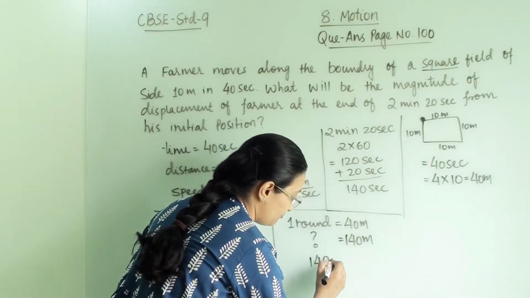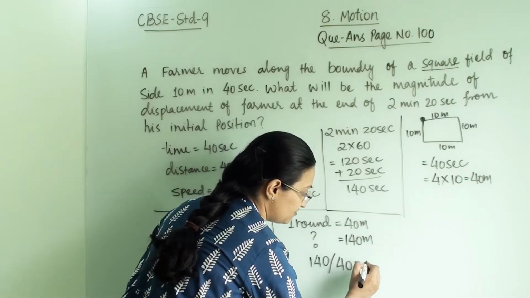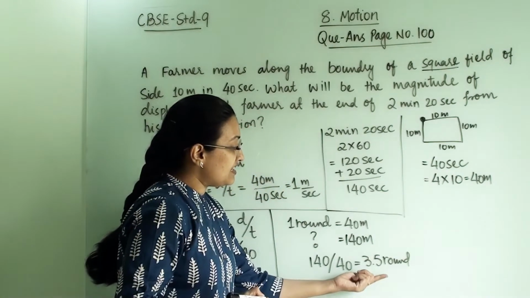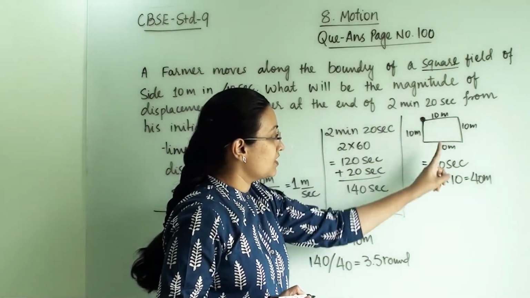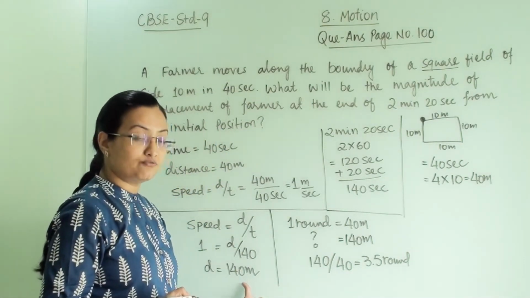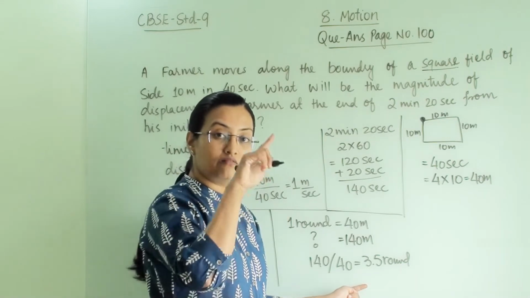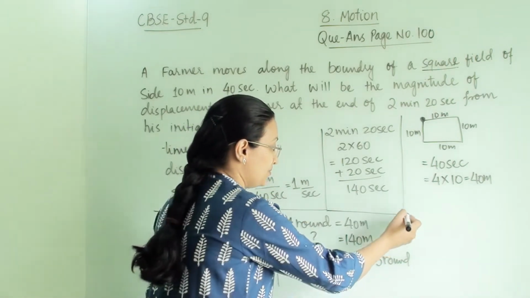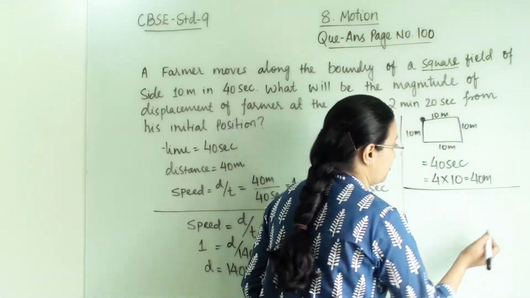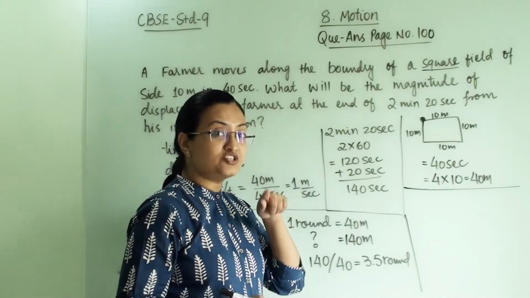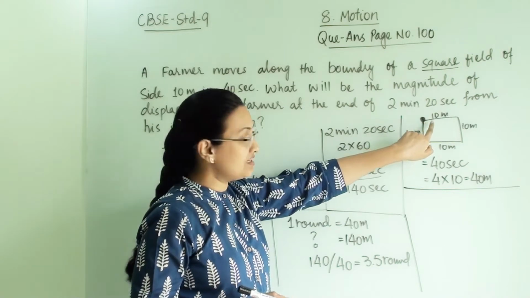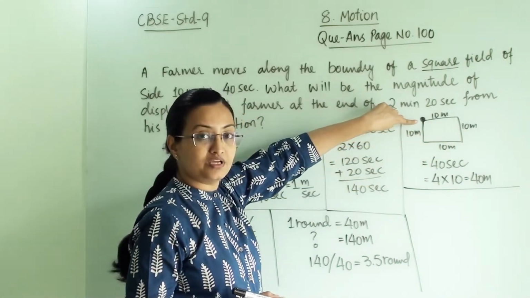Here 140 divided by 40 will give us 3.5 rounds. So he will cover 3.5 rounds when he covers 140 meters distance. Now, at the end of each round, his displacement will be 0, because his starting point is here and at the end of each round, he will come here again.